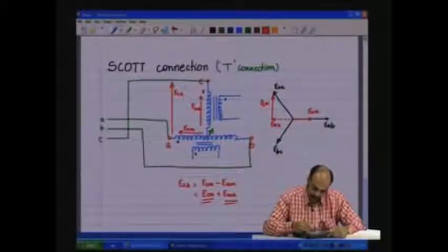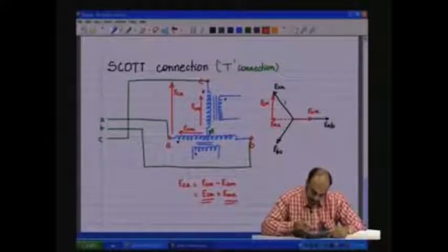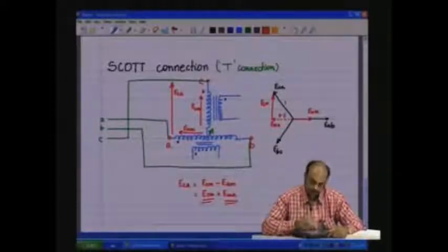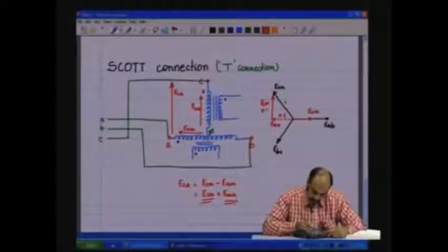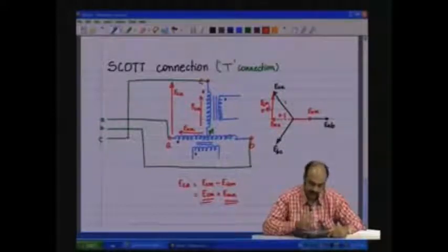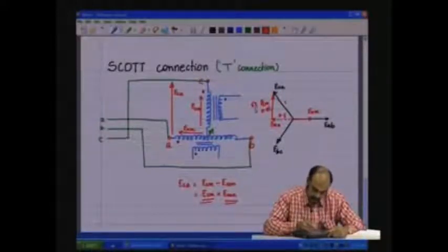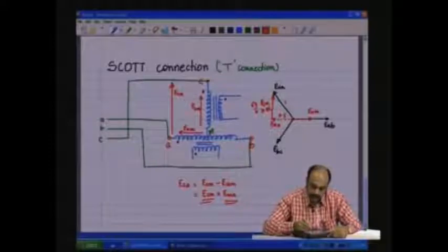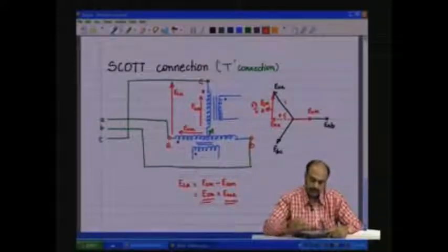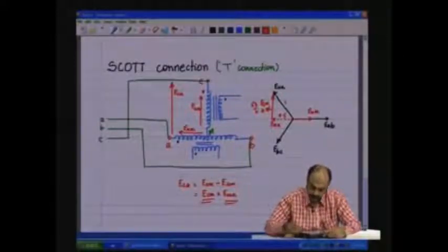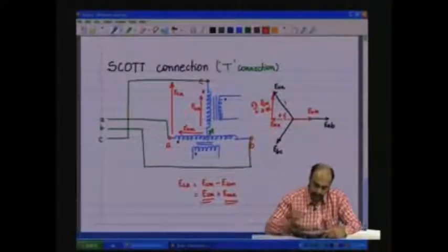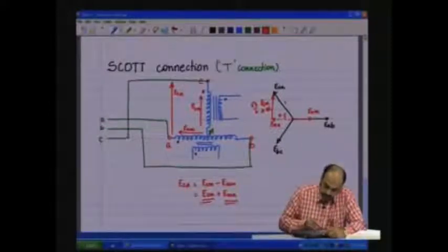Now, this is having unit 1, this is having unit 0.5, and therefore, this has a unit amplitude of 0.86 or root 3 by 2. In other words, you can say that this angle is 30, therefore, cos of 30 is 0.86 or root 3 by 2. So, what you get here, ECM, is 0.86 the amplitude.